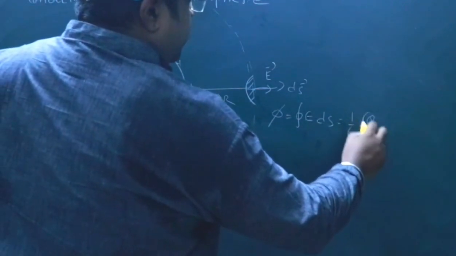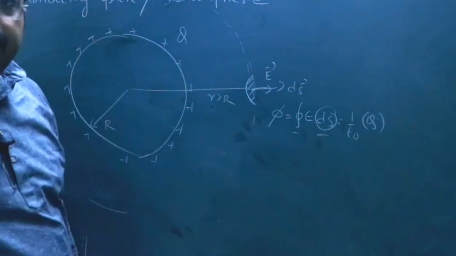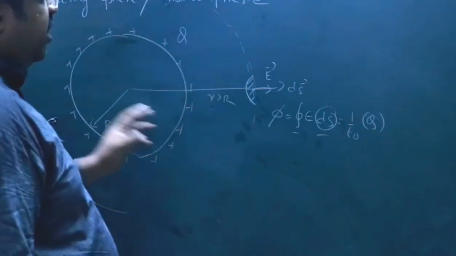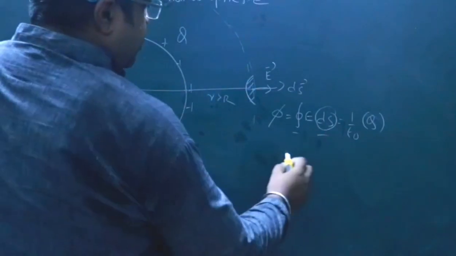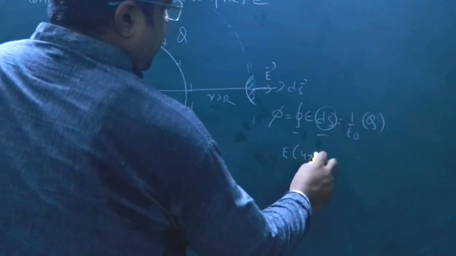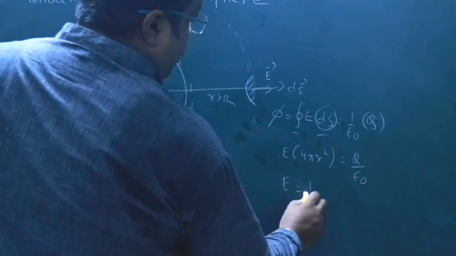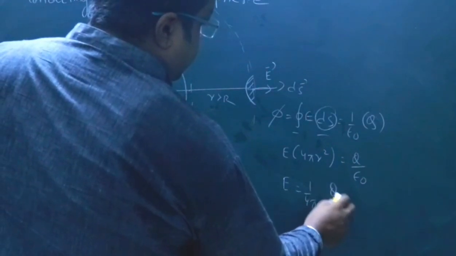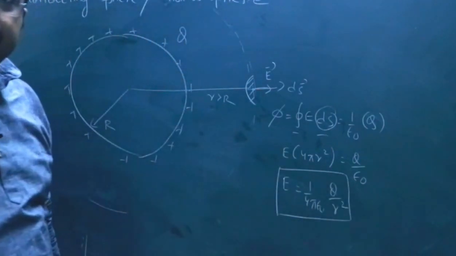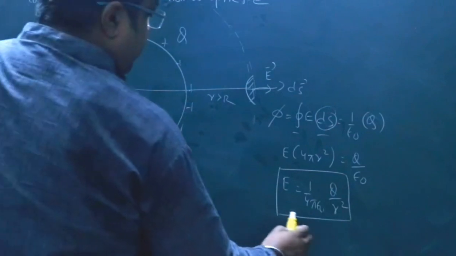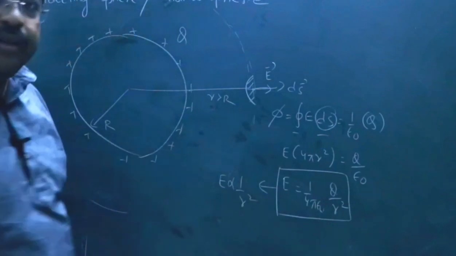The integration over the closed surface ds will be the area of this Gaussian sphere, and since the radius is small r, its surface area will be 4 pi r square. So E into 4 pi r square is equal to q by epsilon naught. So E will be 1 by 4 pi epsilon naught q by r square. This is the expression for electric field intensity outside the sphere. Here we can see that E is inversely proportional to r square.